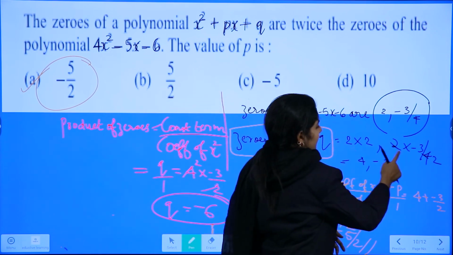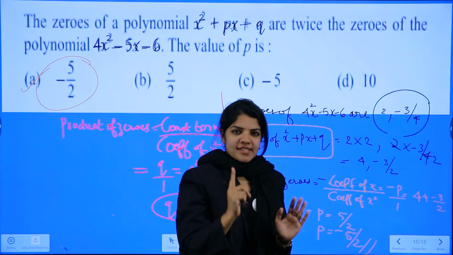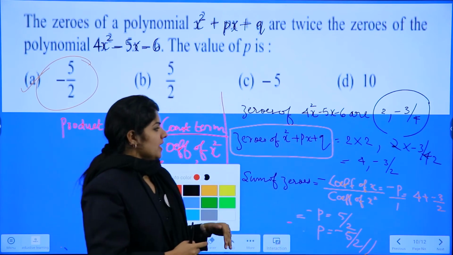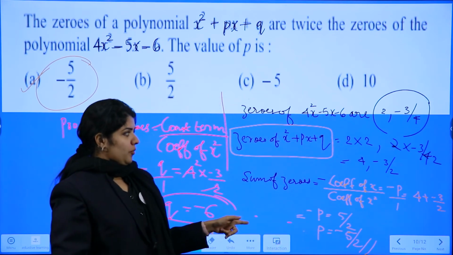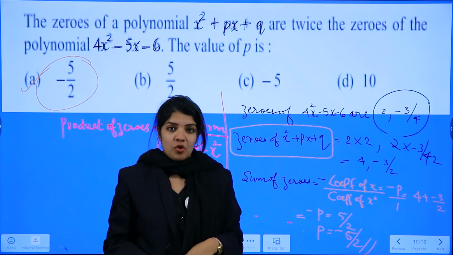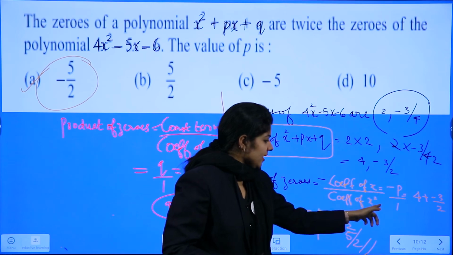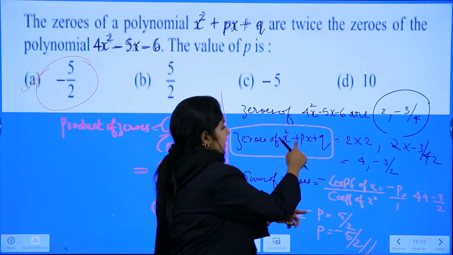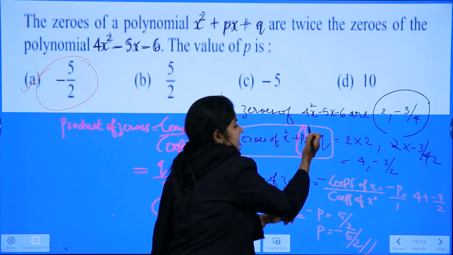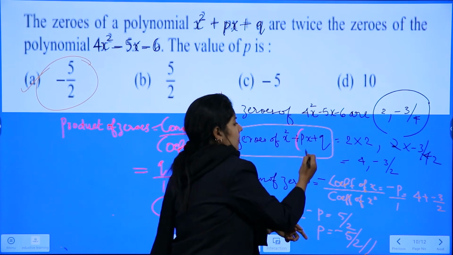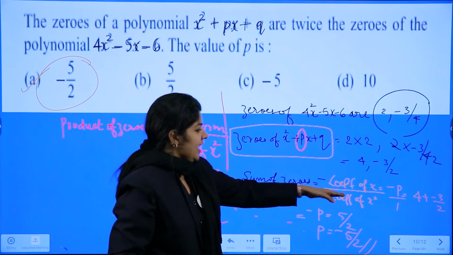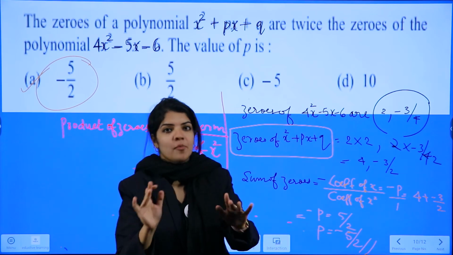So we multiply by 2 to get the zeros of x squared plus px plus q. Then to get the value of p, we are finding the sum of zeros, because sum of zeros is given by minus coefficient of x by coefficient of x squared. Here p is the coefficient of x.